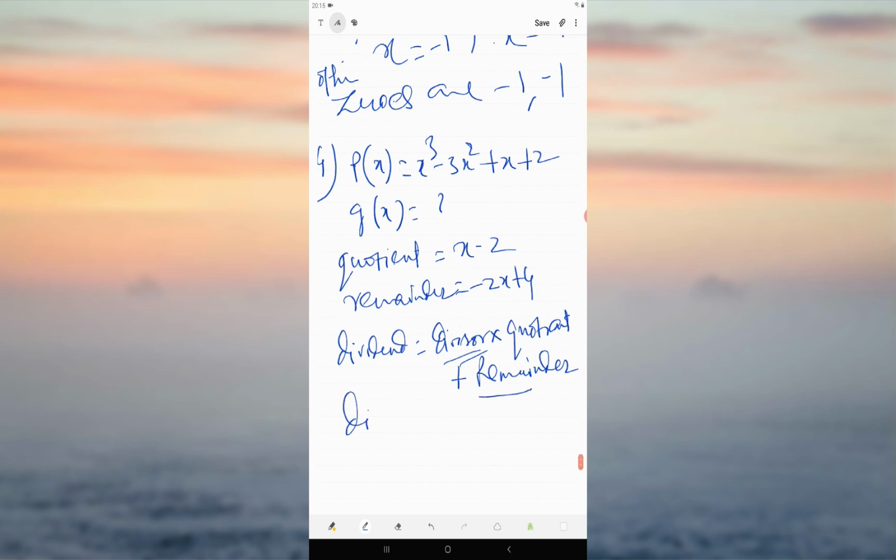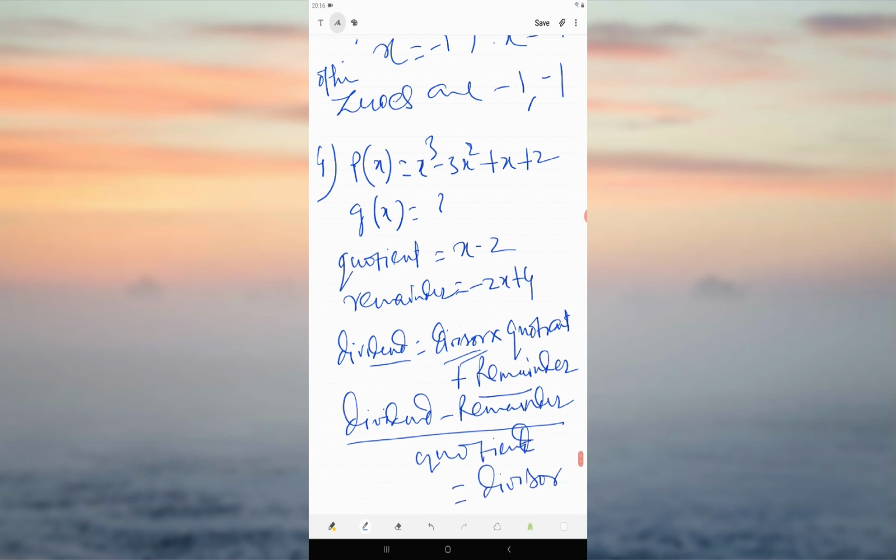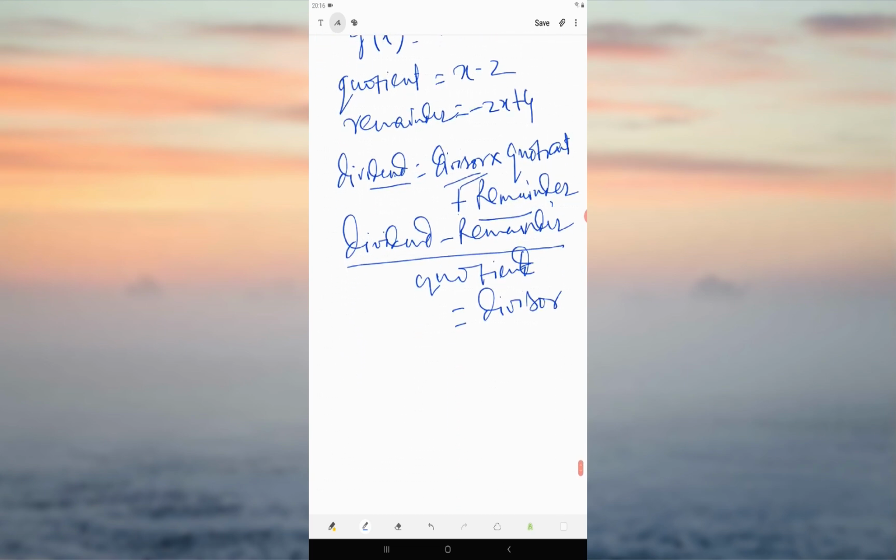If we take this remainder to this side, plus becomes minus on the left hand side. So dividend minus remainder, and then the quotient is multiplied. If we take it to the left hand side, it will be divided. So dividend minus remainder divided by quotient equals divisor.